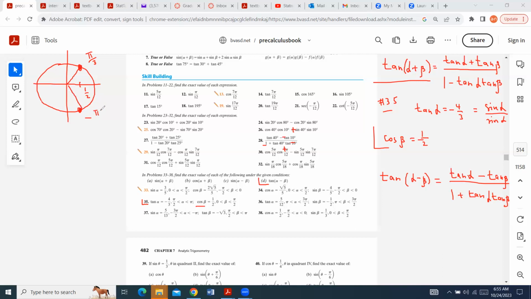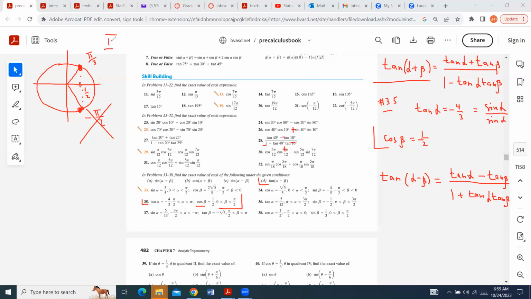So there are two points on the unit circle that have the same exact coordinate. And it's always the case. It's standard. So if they say that angle beta is in the first quadrant, then I don't care for that one because it's in the fourth quadrant.